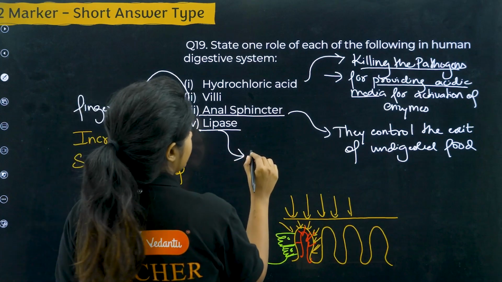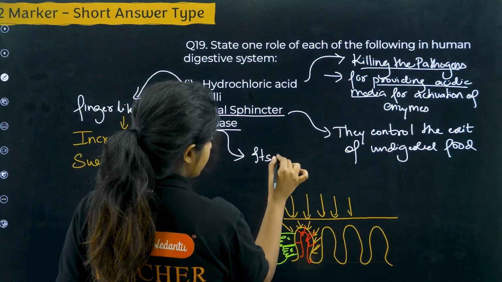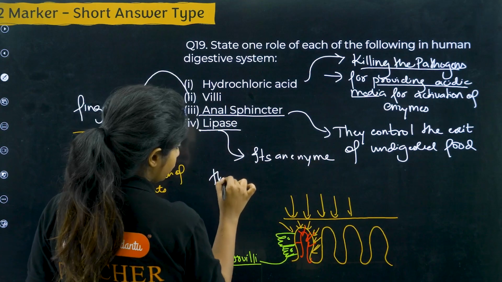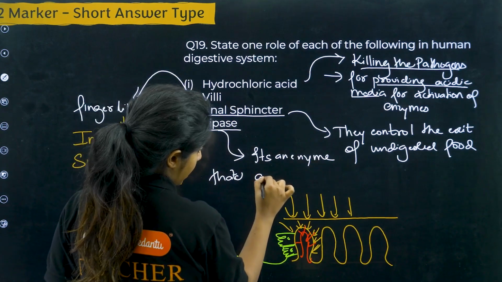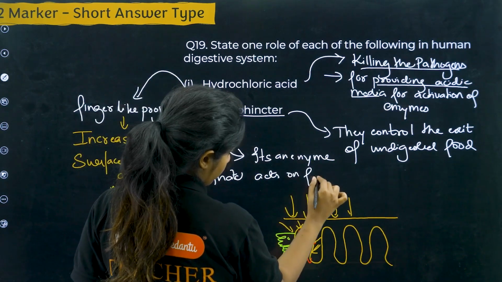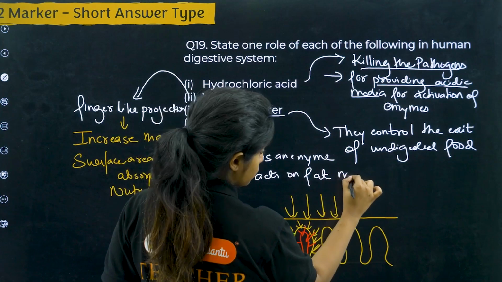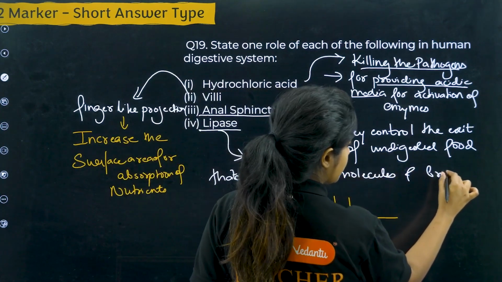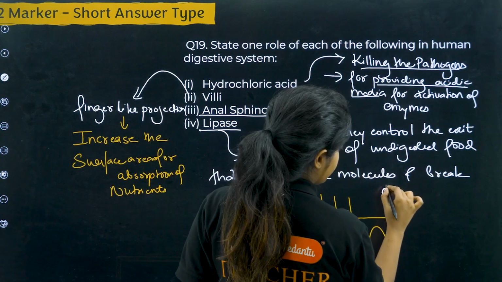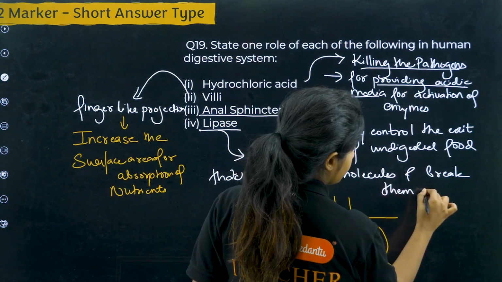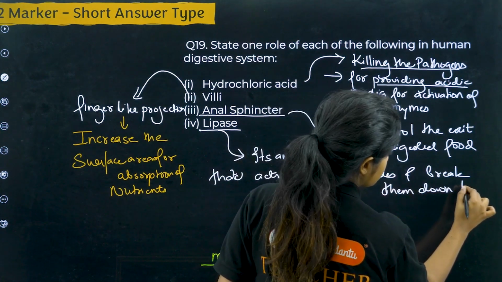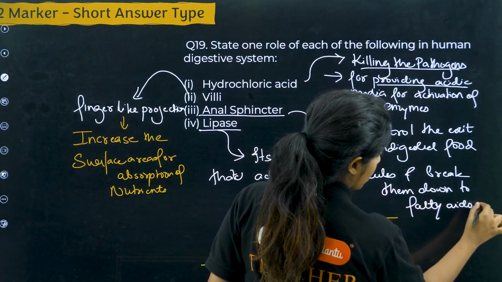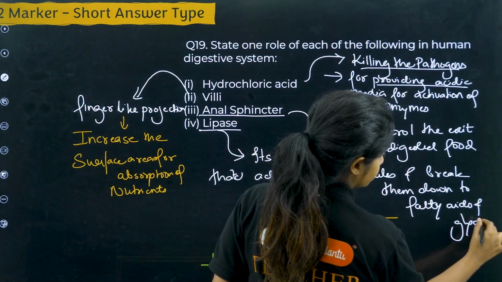Now lipase, what does lipase do? Okay, so you'll write, it's an enzyme that acts on fats, that acts on fat molecules and breaks them down to fatty acids and glycerol.